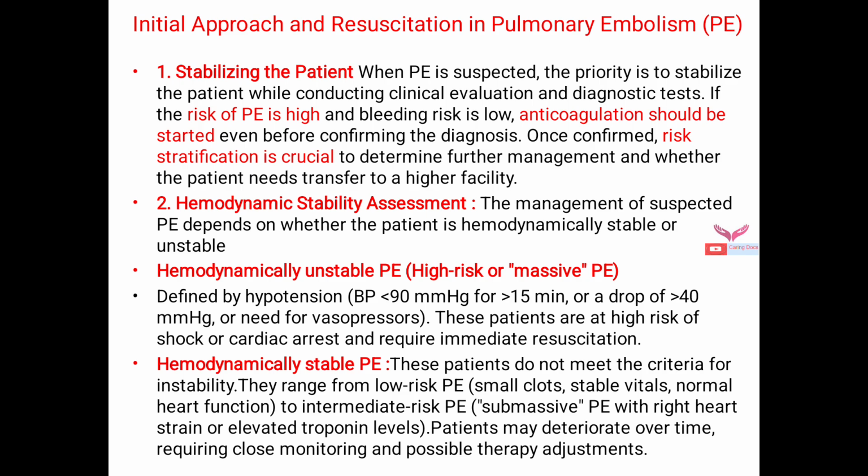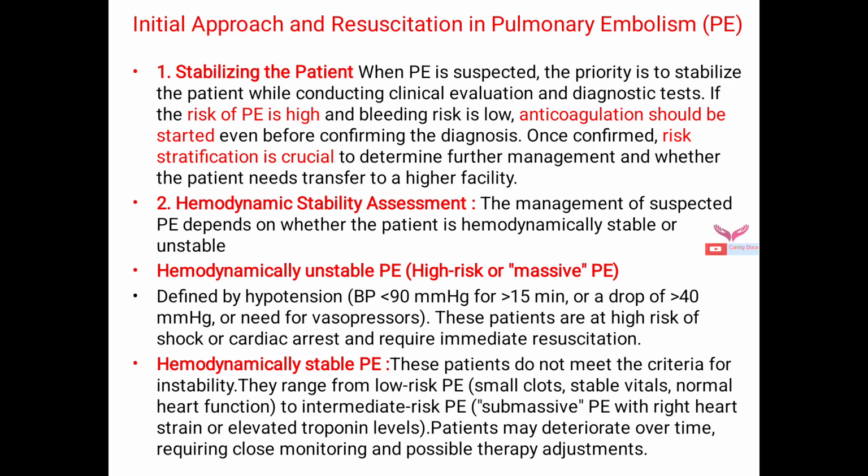The management of suspected PE depends on whether the patient is hemodynamically stable or unstable. Hemodynamically unstable patients are high risk or massive pulmonary embolism cases, the patients who develop hypotension, that is systolic blood pressure less than 90 mm of mercury for more than 15 minutes, or a drop of more than or equal to 40 mm of blood pressure, or patients who need vasopressor, and these patients are at high risk of shock or cardiac arrest and they require immediate resuscitation.